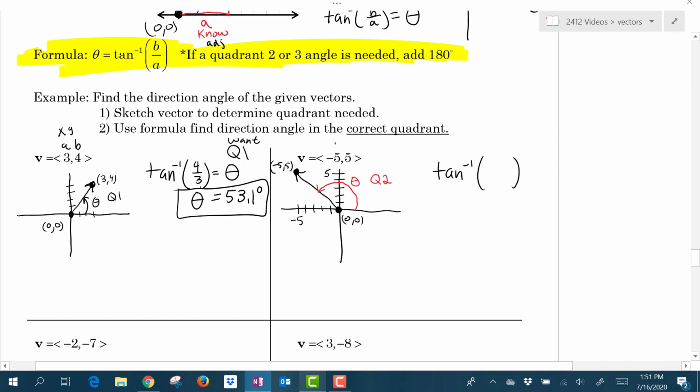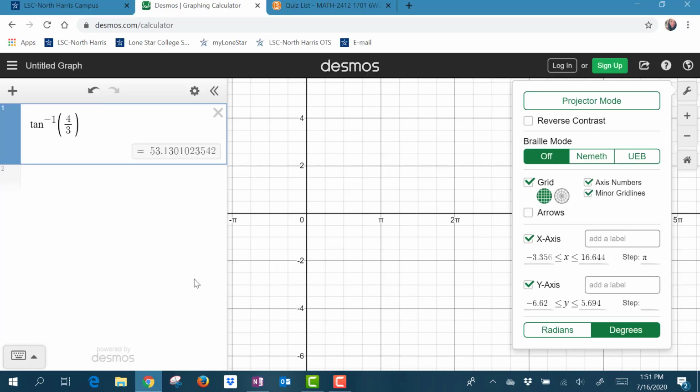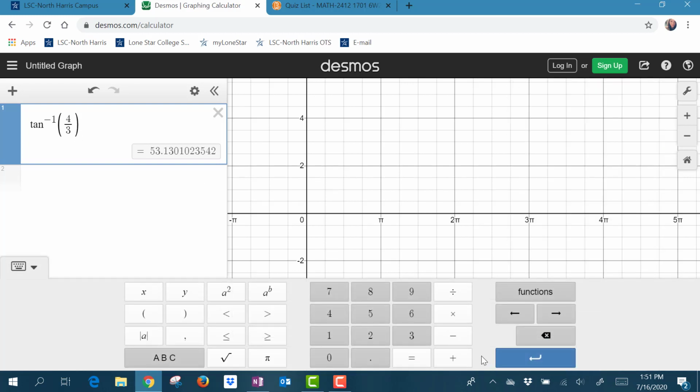It's the second component divided by the first component. And that's going to give us our angle theta. Put that into our calculator. Gives me negative 45 degrees.